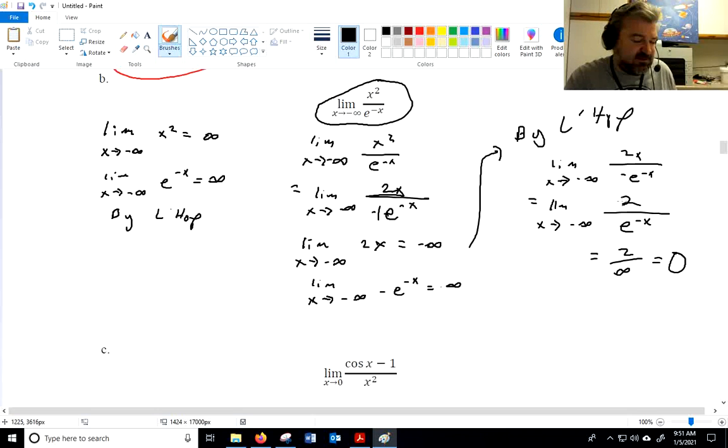Polynomial time increase is not nearly as fast. So while in the original problem, we plugged in negative infinity, both the numerator and the denominator were going to infinity, but the rate at which the denominator is going to infinity is many, many orders faster than the numerator. So you're really dividing a small number by a much bigger number, and that difference is getting greater over time. So it would definitely go to 0.